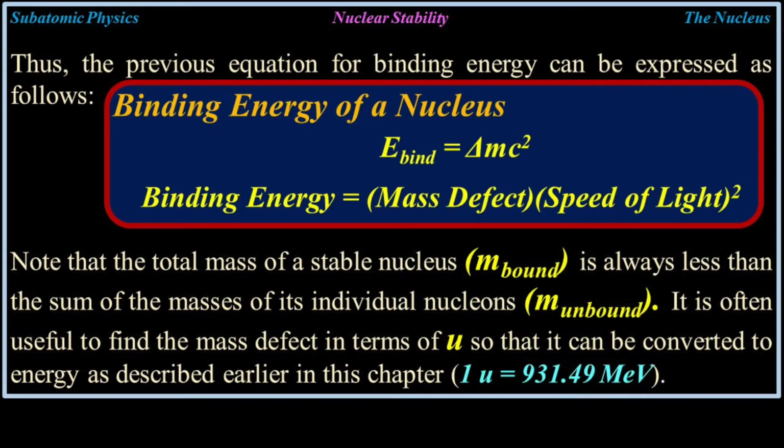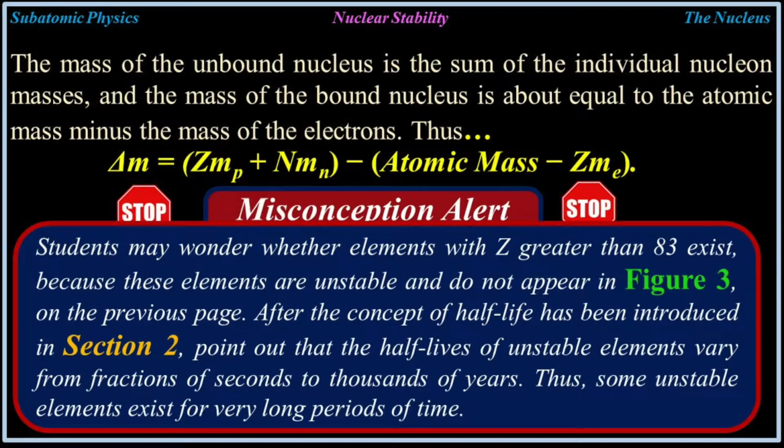It is often useful to find the mass defect in terms of U, so that it can be converted to energy as described earlier in this chapter. 1 U, or 1 atomic mass unit, equals 931.49 mega electron volts.